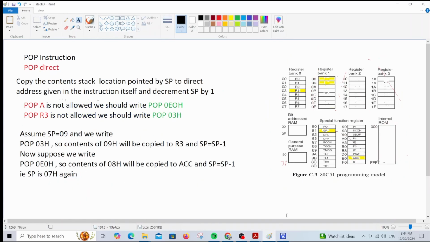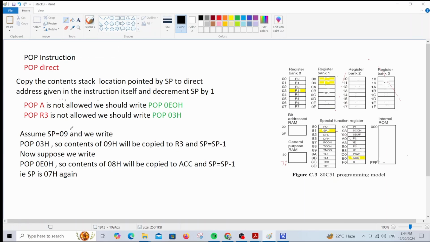That is the pop instruction. Very reverse. What do we do in push? We push the contents of some register into stack memory. Now pop will do exactly the reverse. The contents that were pushed will be taken back from stack memory into a specific register. Now let us take one example.